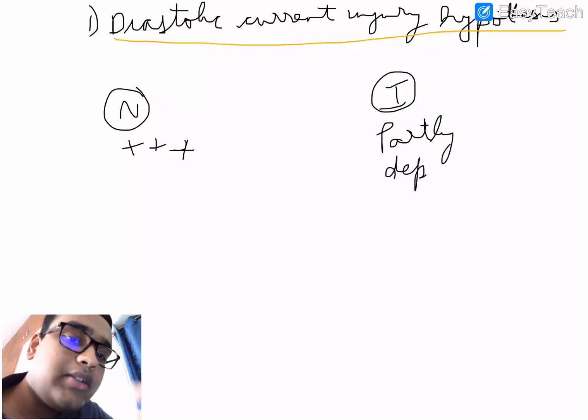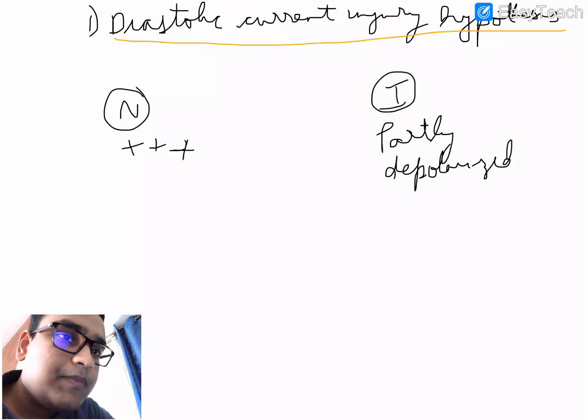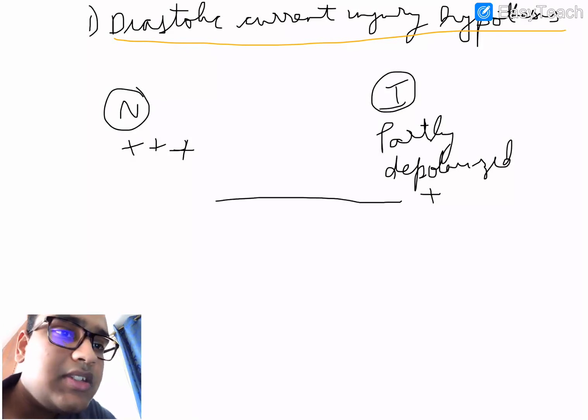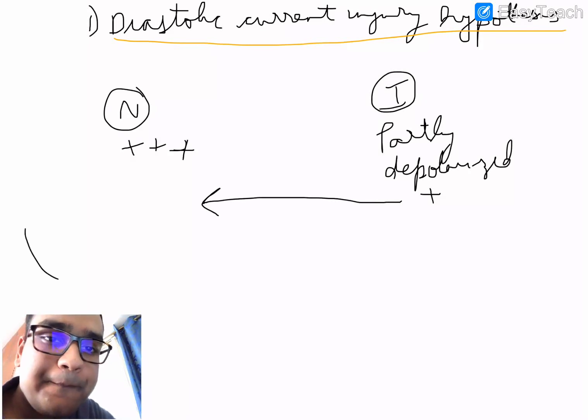That means the amplitude doesn't reach the normal level. So there is less amount of positive charge compared to a normal cell. Say there are 3 plus in a normal cell because of depolarization. When it's partly depolarized, there's a lesser amount of positive charge. This causes a current to be generated from the ischemic region towards the normal region.